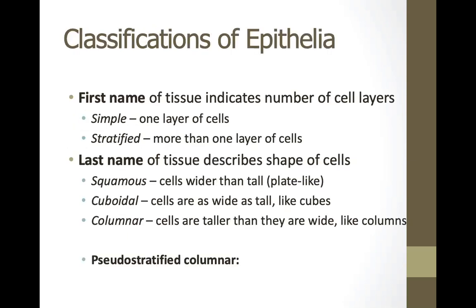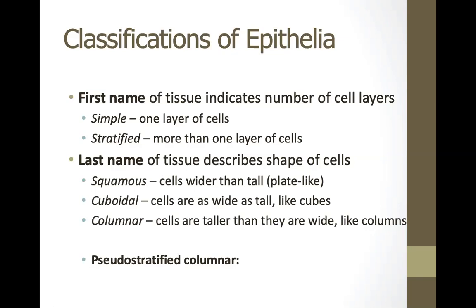So let's take a look at the epithelial tissue first, guys. The easiest way I want you guys to think about epithelial tissue is that universally they're going to have two part names, and you can see it here. They have what we call a first name and a last name. So what is the first name if we're identifying an epithelial tissue? It is always going to be identifying how many layers of cells are stacked on top of each other.